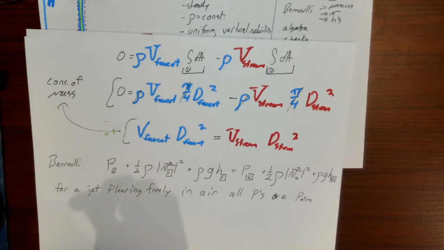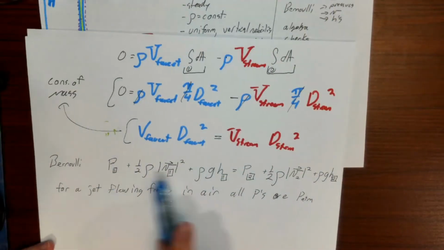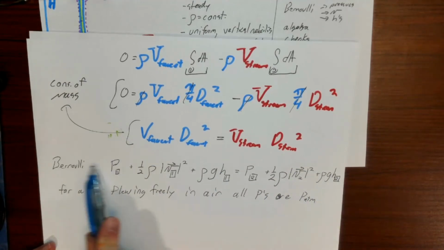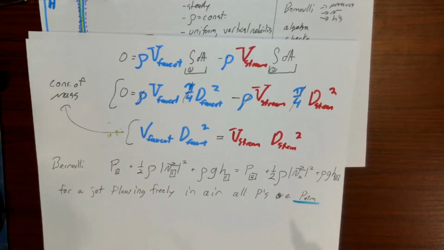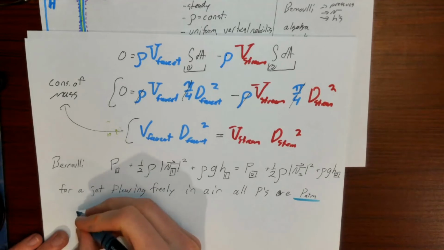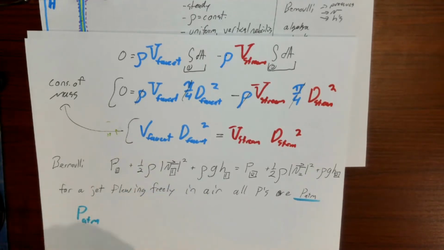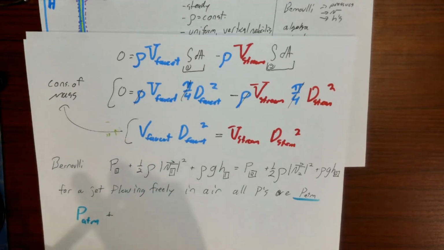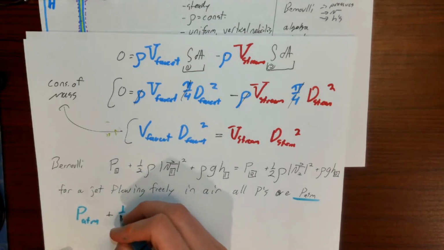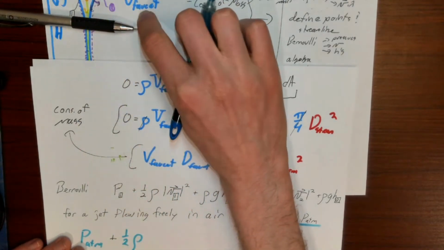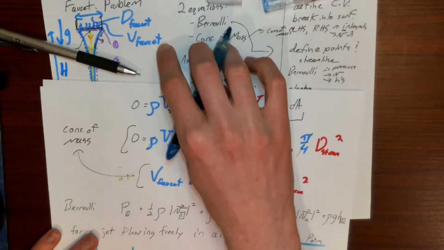So let's start putting some of our known constants into this Bernoulli equation. Atmospheric pressure is basically known, so P1 is known. Now we have plus 1/2 rho, which is a known constant, and V at point 1 is V faucet.